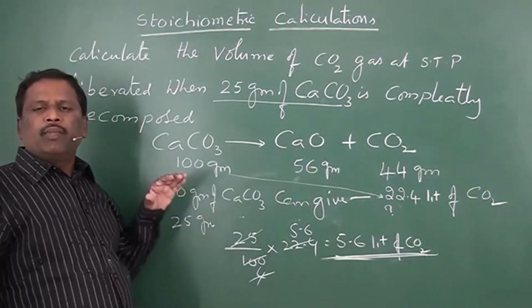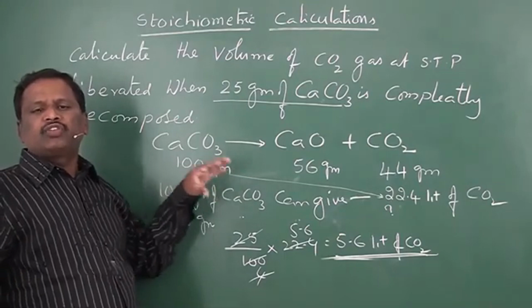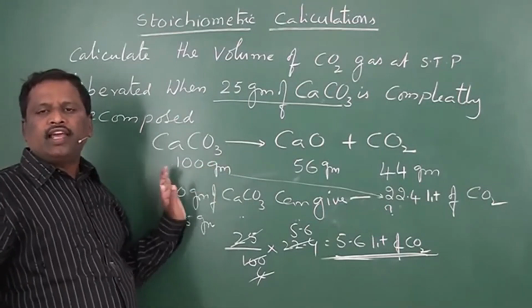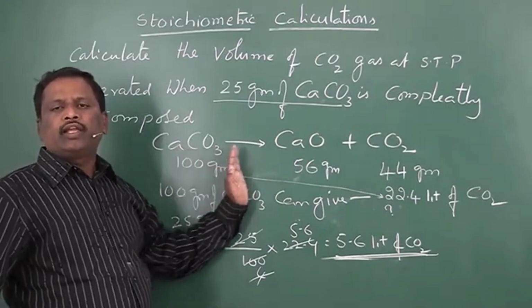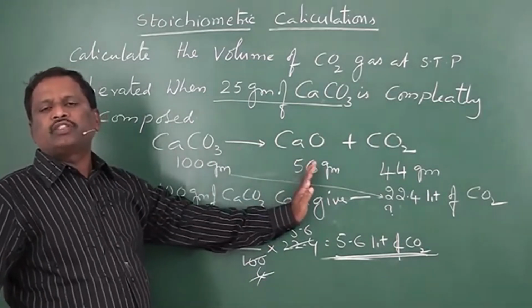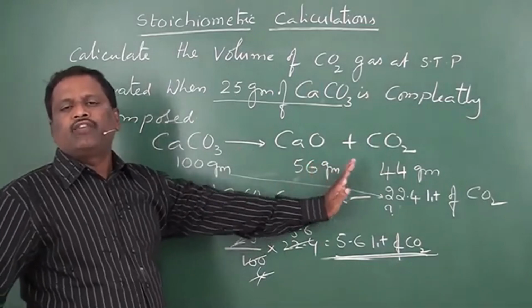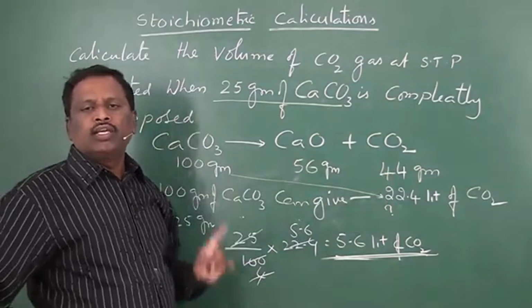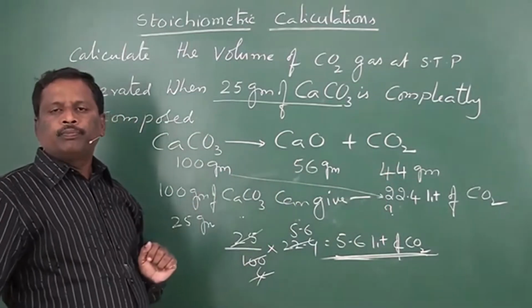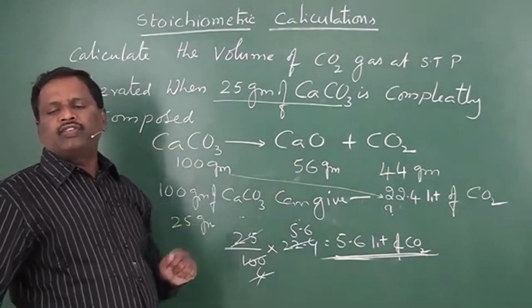That means the mass ratios of decomposition of calcium carbonate are as follows. 100 grams of calcium carbonate on decomposition gives 56 grams of CaO and 44 grams of CO2. Thus 44 grams of CO2 is said to be 1 mole because 44 is the molecular weight.